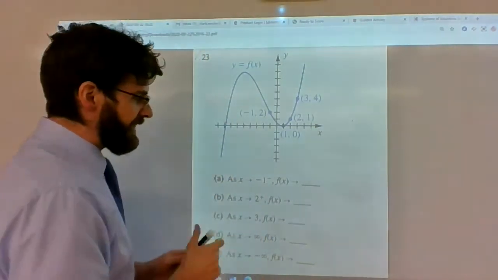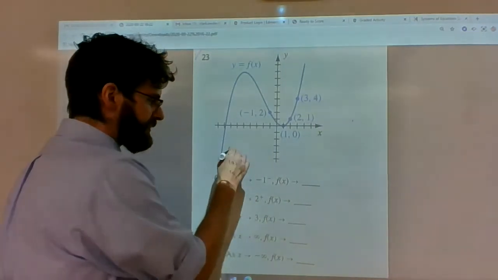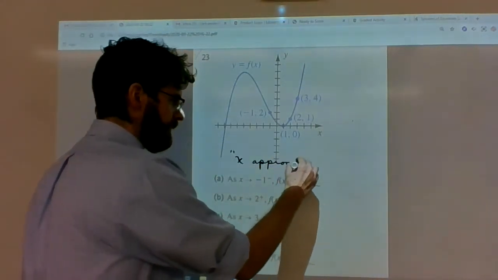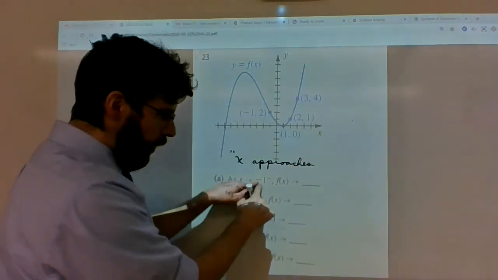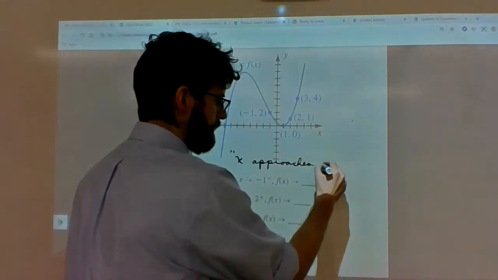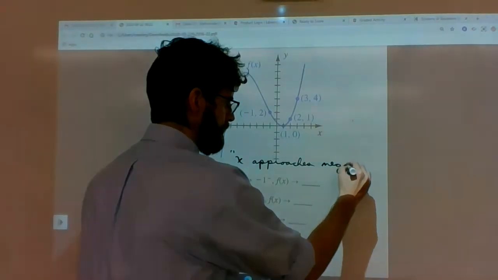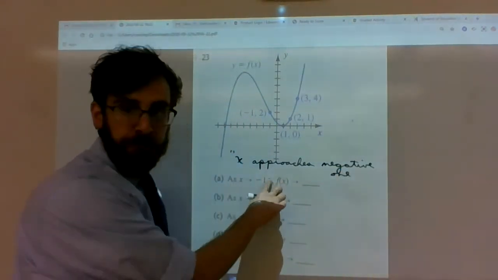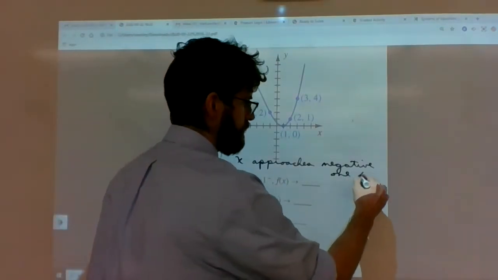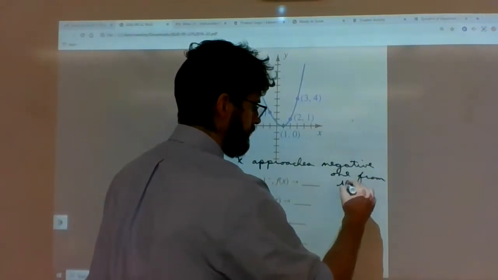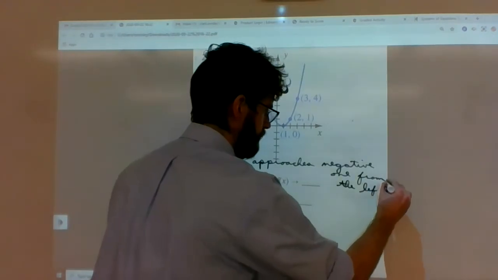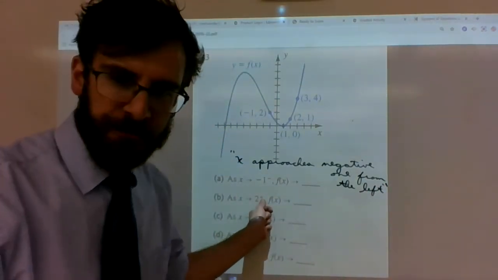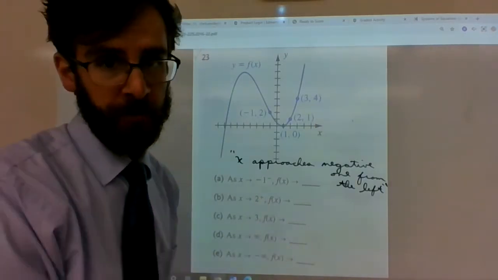So this is literally saying as x approaches -1 from the left. So then the positive version would be, what's it doing from the right?